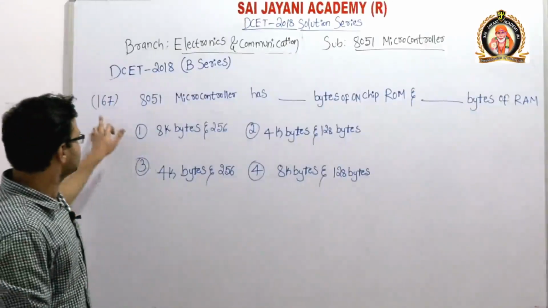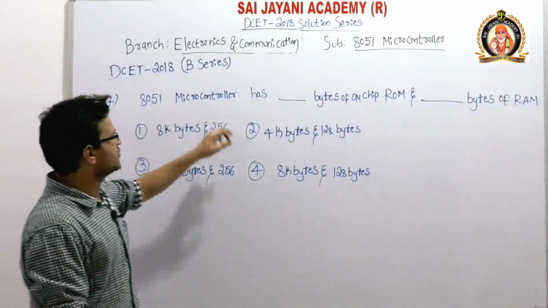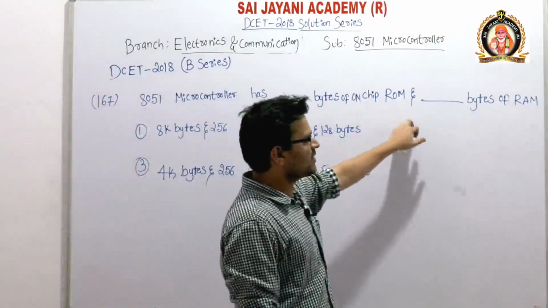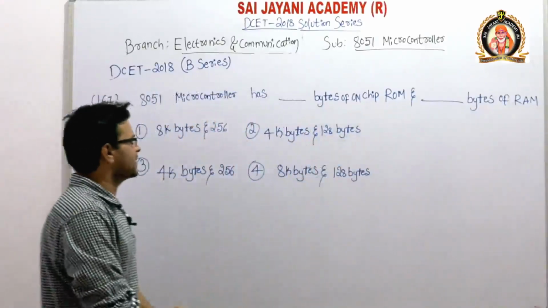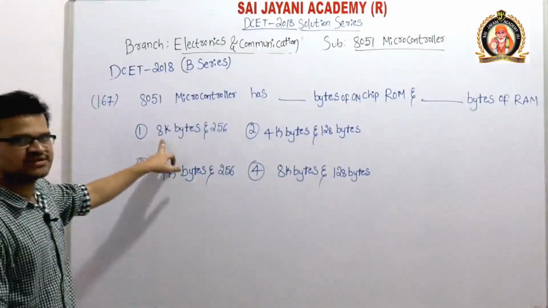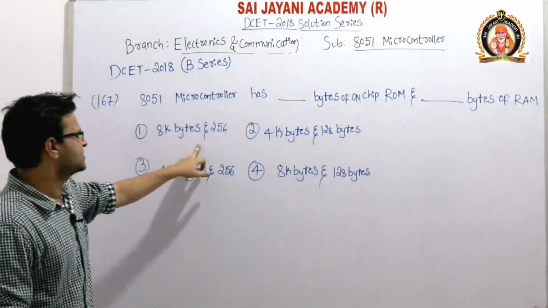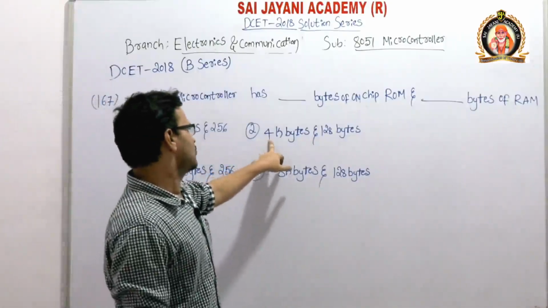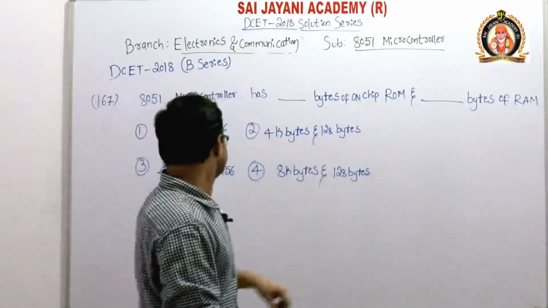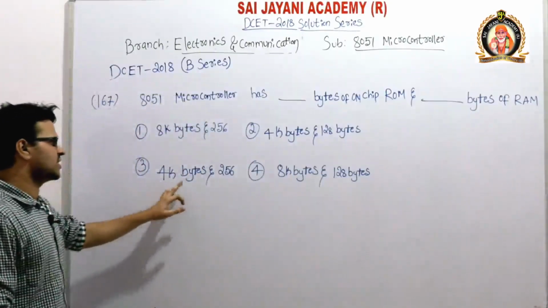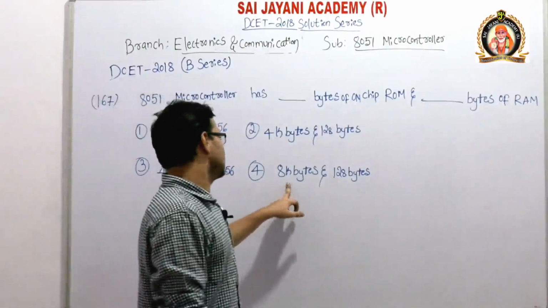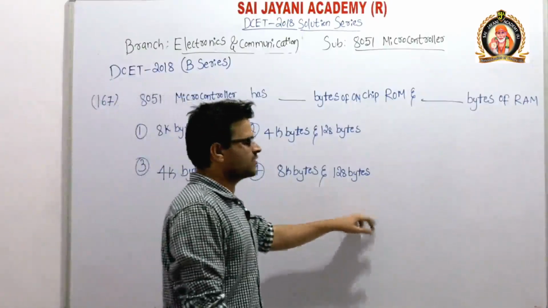Question number 167. The 8051 microcontroller has dash bytes of on-chip ROM and dash bytes of RAM. The options are given below. The first option is 8K bytes and 256 bytes, the second option is 4K bytes and 128 bytes, the third option is 4K bytes and 256 bytes, and the fourth option is 8K bytes and 128 bytes.